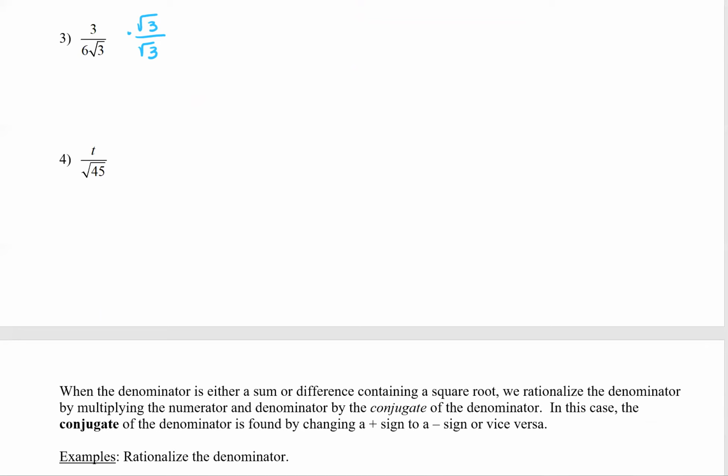And I think I'm going to go ahead and do that because 3 goes into 3, 1, and 3 goes into 6, 2. So then I multiply across the top, or the numerators. I have the square root of 3 over 2 times the square root of 3 times the square root of 3 is 3. So my final answer is square root of 3 over 6.